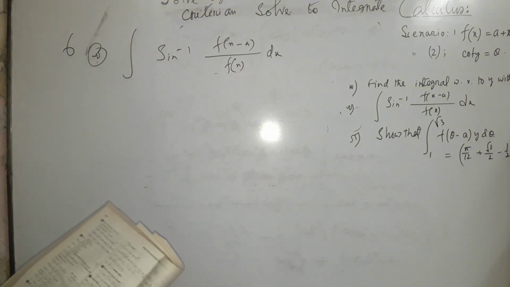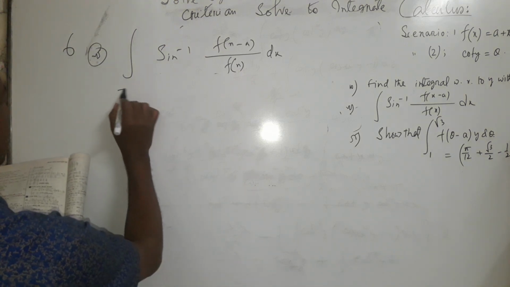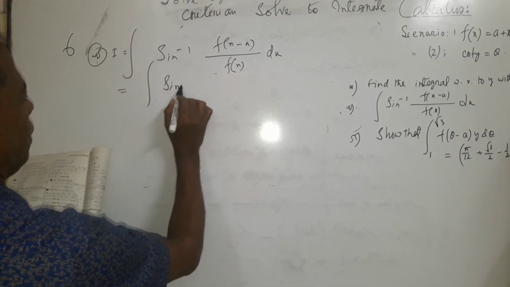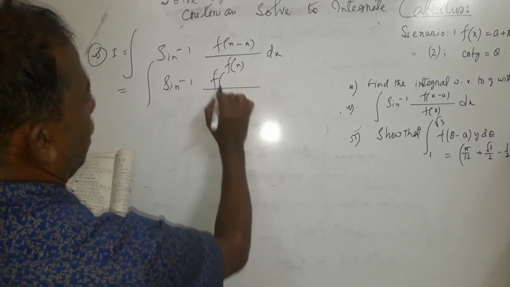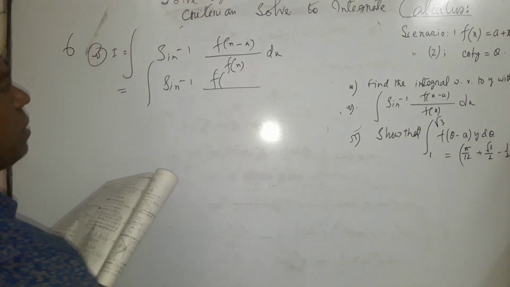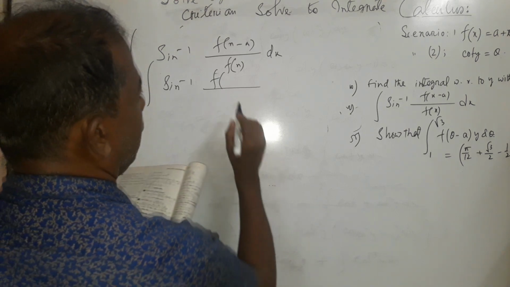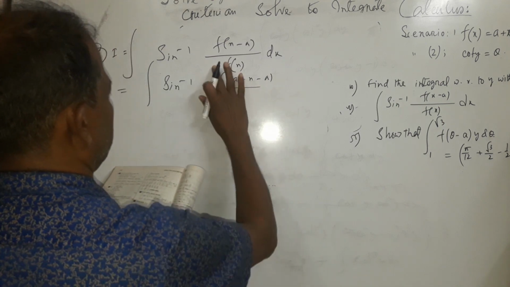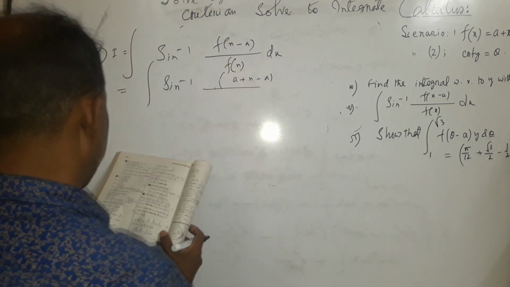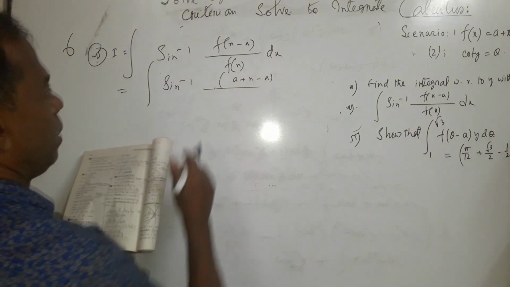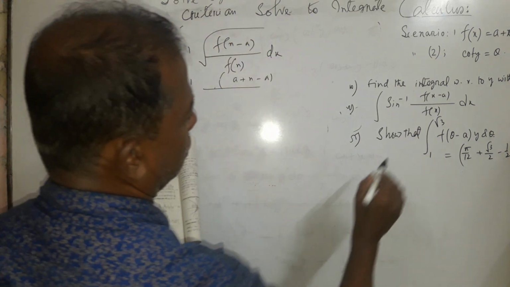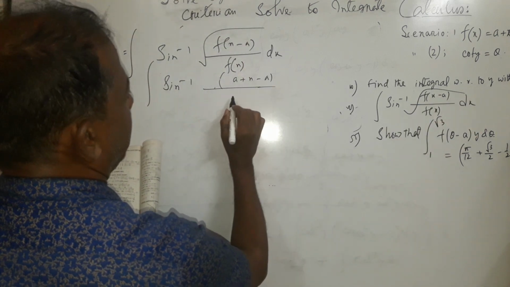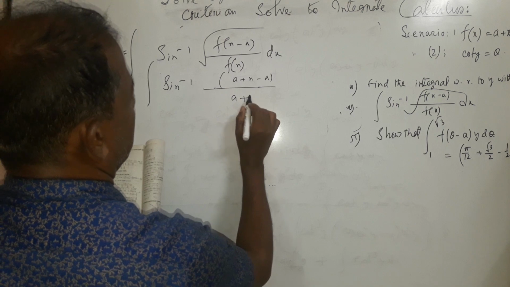So then that's why I equals the integration of sin inverse of the square root of x minus a, divided by f of x, which means a plus x.